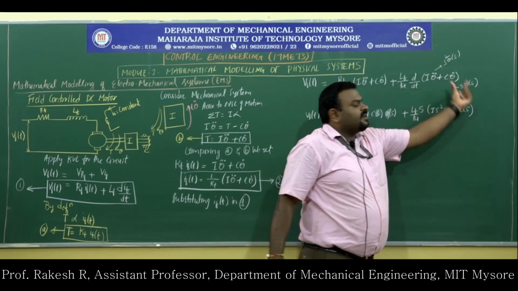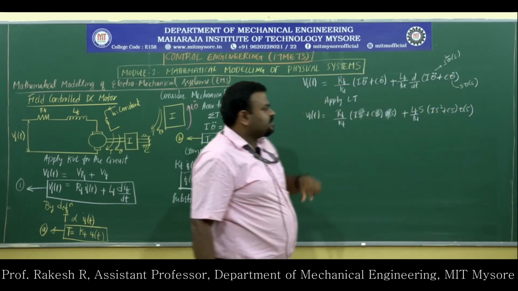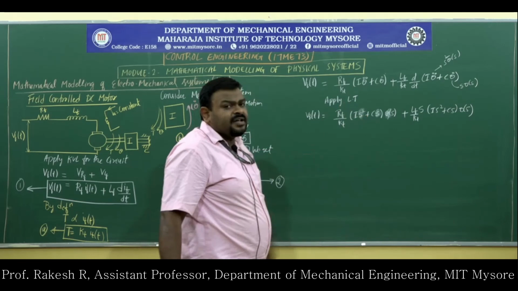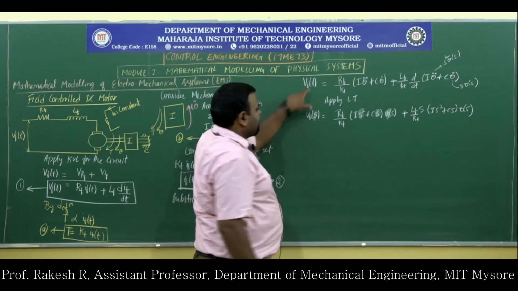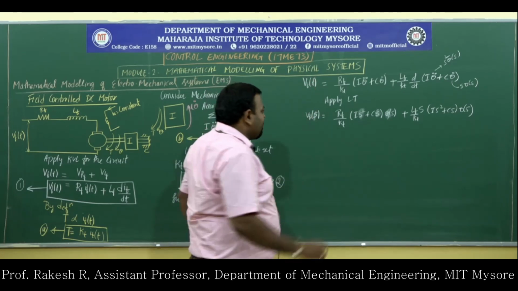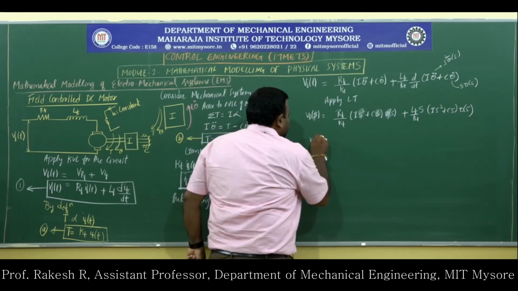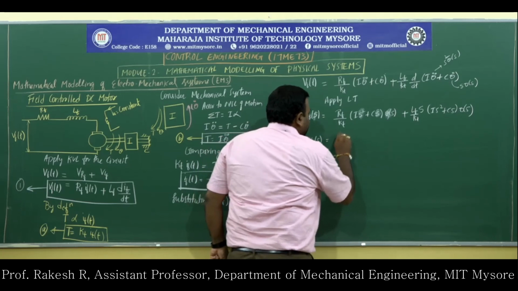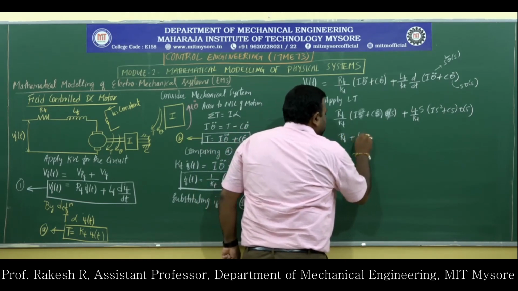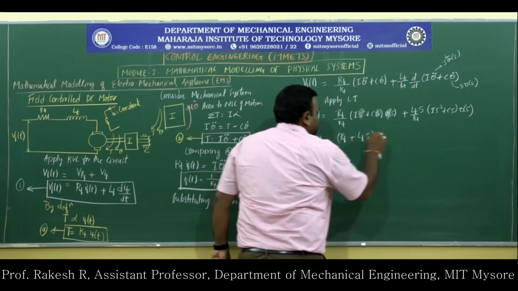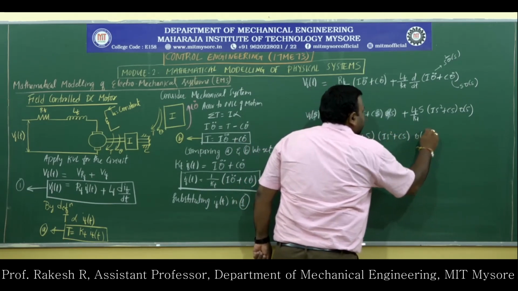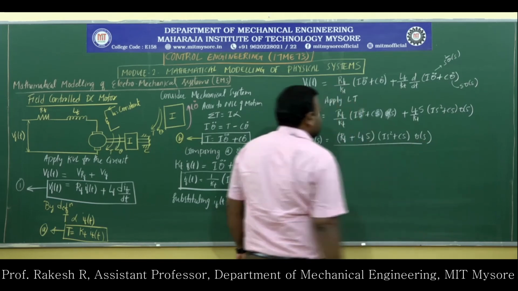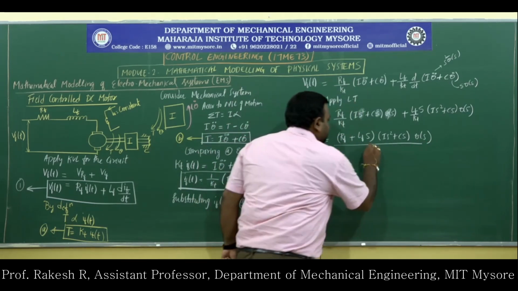In both the terms, I will take theta of S as common, then I will get that expression. So Vf of t changes to Vf of S, since I have applied Laplace transformation. Vf of S will be equal to Rf plus Lf into S, into I S square plus C S into theta of S, divided by Kt.